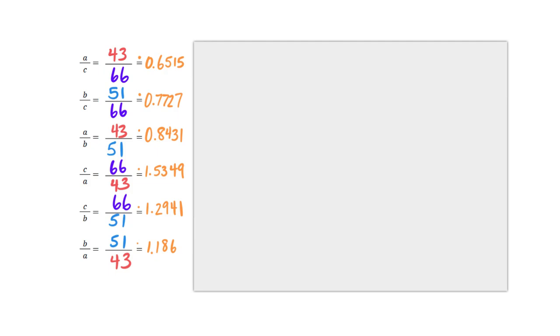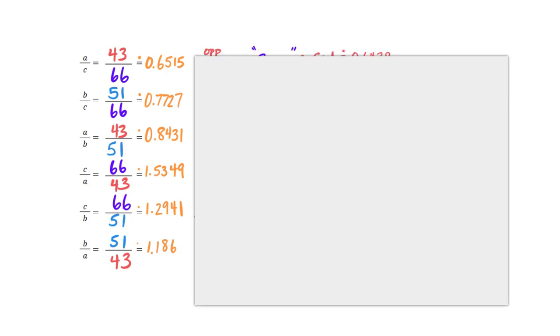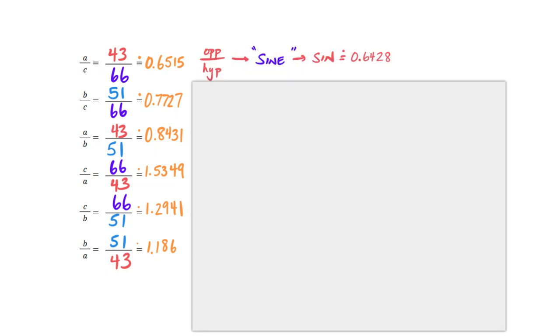Okay, I want to go back now and put some terminology to some things. To do that, I'm going to slide down that big box you see on the right, and we're going to talk a little bit about some terminology. If you were to formally calculate that first ratio, it was calculated by taking your opposite side and dividing it by your hypotenuse.